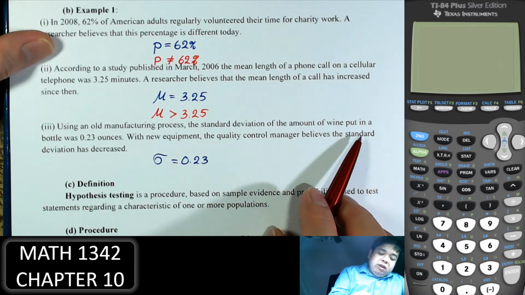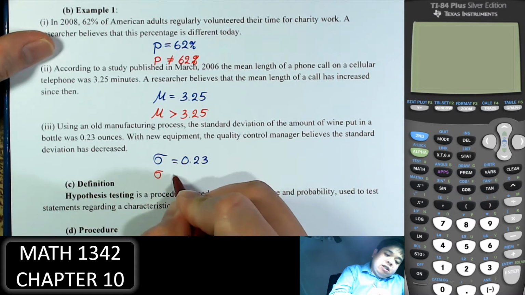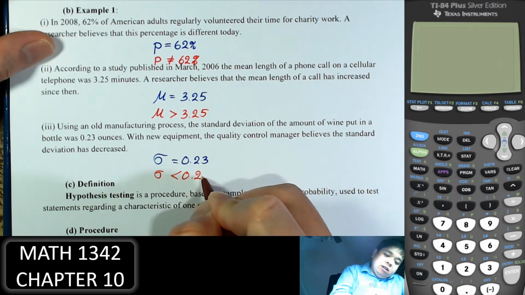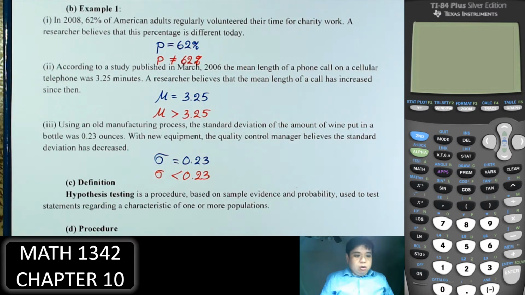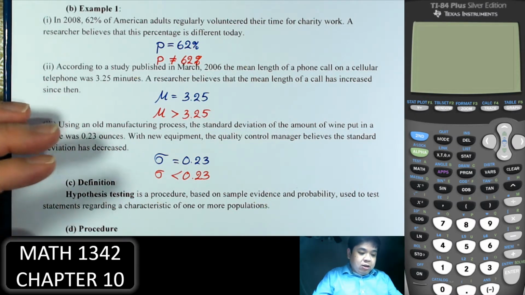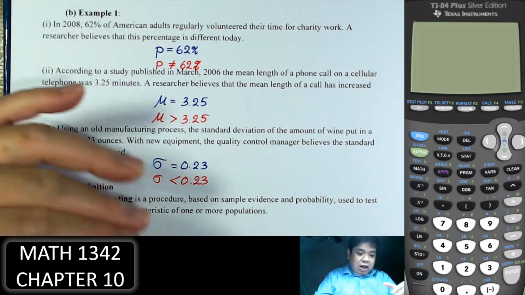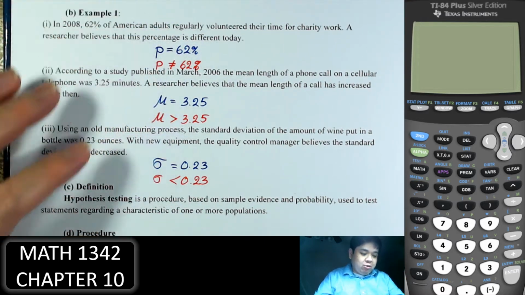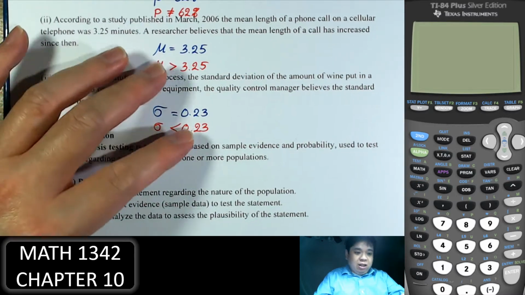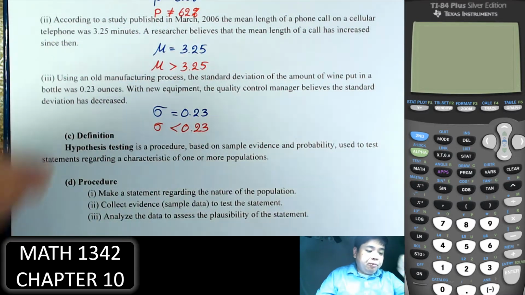And this one believes the standard deviation has decreased. Later on we'll see that two hypotheses will be written like this. Just moving on, we'll get back to define the hypothesis later.